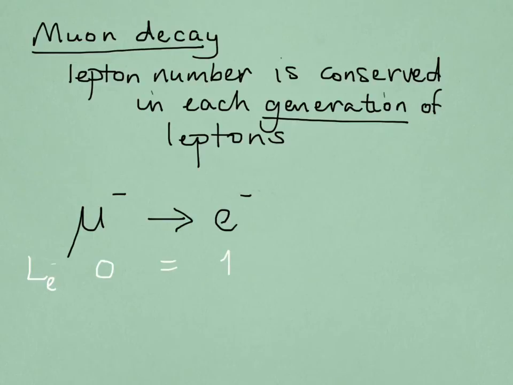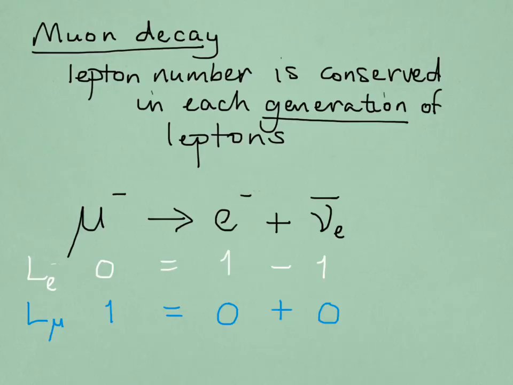So obviously that doesn't balance yet. If we add an antineutrino, that will help balance the books, because an antineutrino has a lepton number of -1 and it's in the right generation. So 0 equals 1 minus 1, that works.